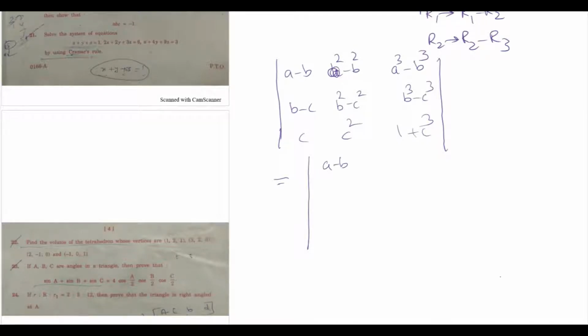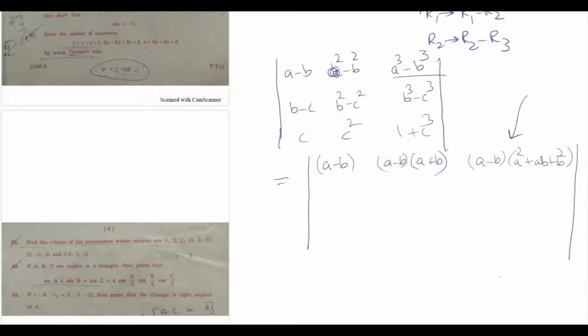A minus B into A plus B. So I am writing A square minus B square as A minus B into A plus B, and A cube minus B cube as A minus B into A square plus AB plus B square.